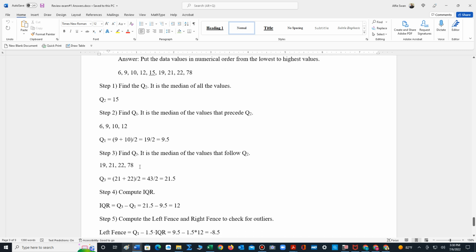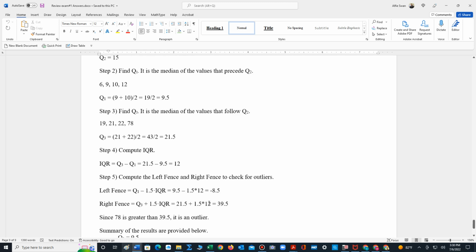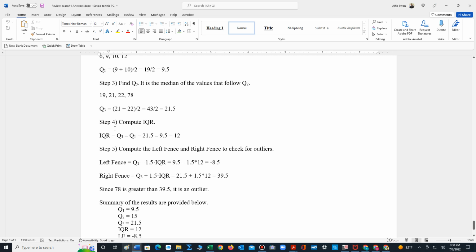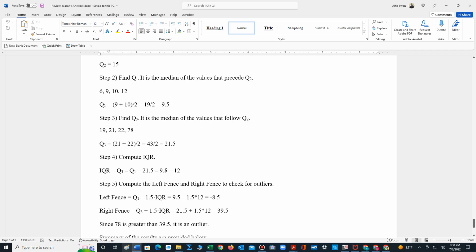There are 4 values. We find the midpoint of the 2 middle values, 21 and 22, divided by 2, which is 21.5. So the IQR is Q3 minus Q1, so we take 21.5 minus 9.5 to get 12.